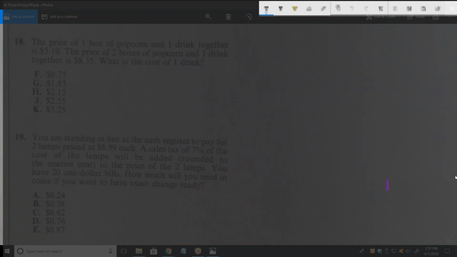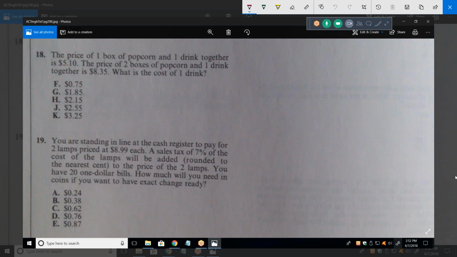Now, they also, in their medium or difficult problems, are going to give you a problem like 18, which is a system of equations, but it's worded as a word problem.